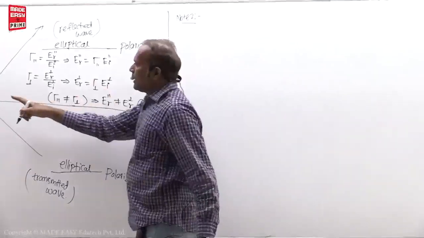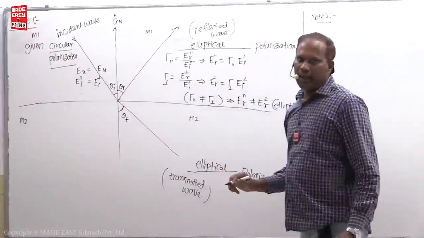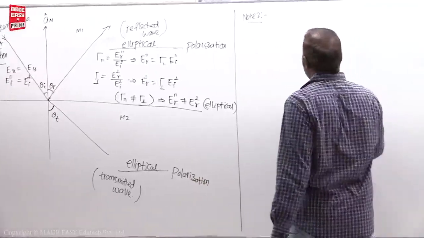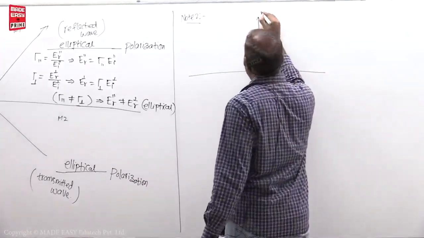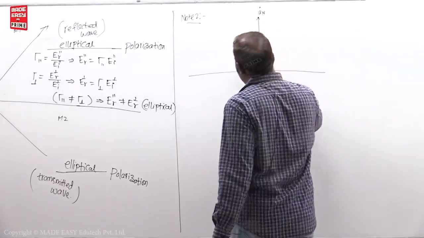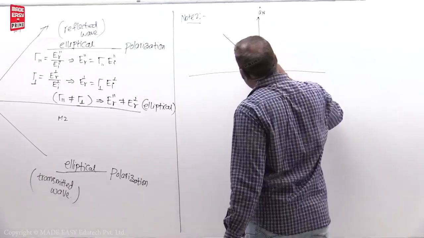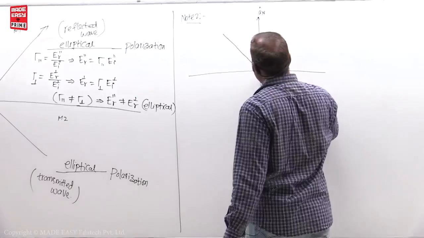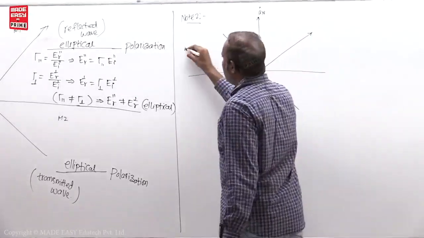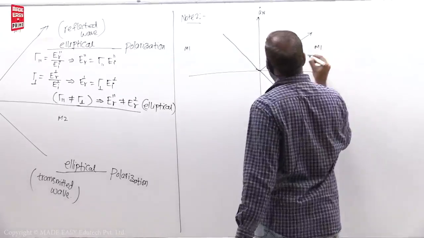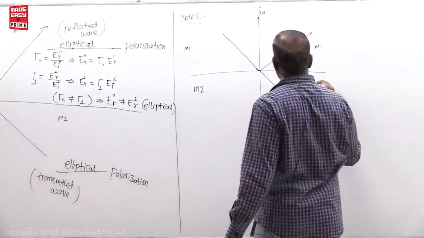Now I am taking note 2. In place of theta I, I will take theta B, the Brewster angle. So now what will happen? This is the normal, this is the incident, this is the reflected, and this is the transmitted. This is medium 1 and this is medium 2.